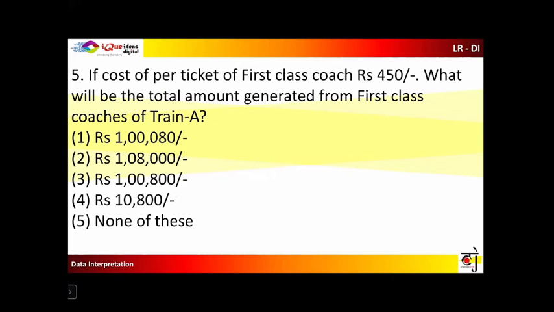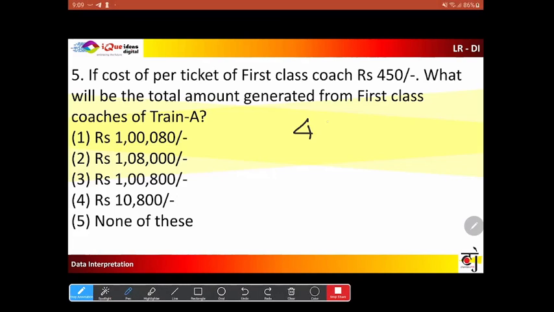And if the cost per ticket of first class is 450, then what is the total amount generated from first class coaches of train A?